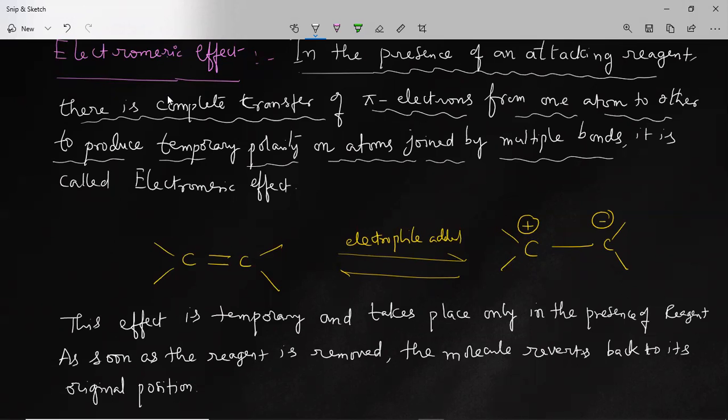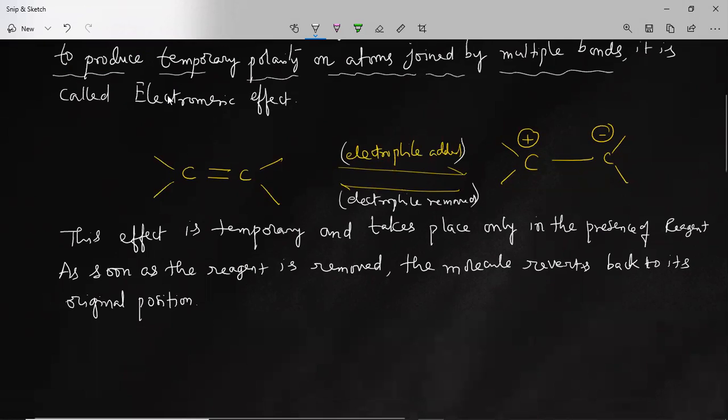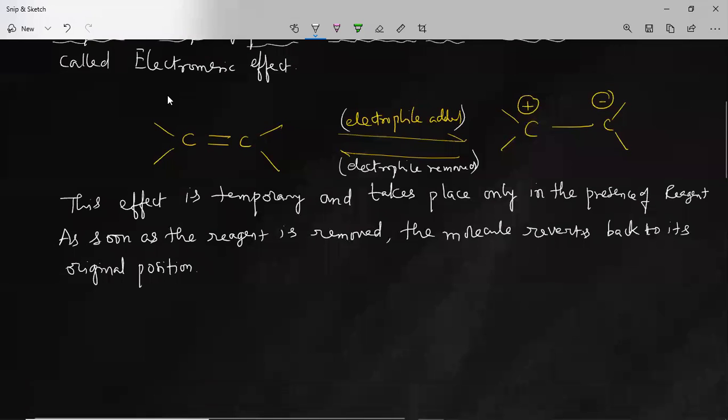Okay, this is the point to be noticed here. That means electromeric effect is a temporary effect. The reason is that once the electrophile is removed, you have noticed that the original molecule will be obtained. That means it is a reversible process.